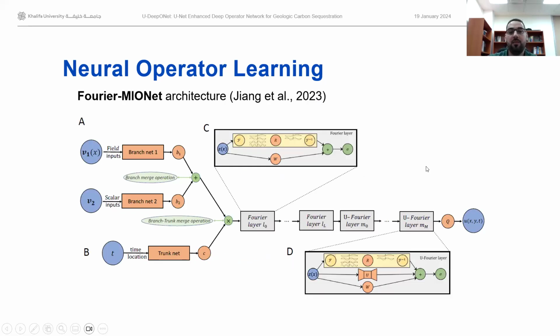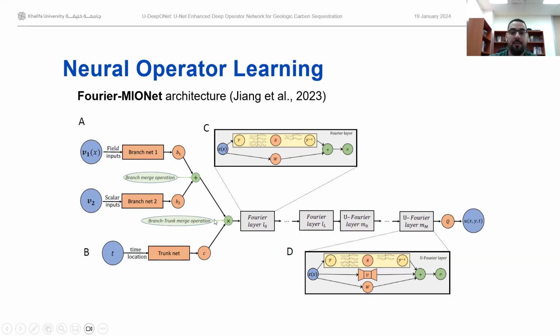The Fourier MIONet architecture, introduced by Jiang in 2023, takes advantage of the MIONet architecture. They use multiple branches to process the different types of data in the CO2 sequestration data sets: a branch for the field inputs and another branch for the scalar inputs, although here they use a sum instead of the dot product that was introduced initially for the MIONet.